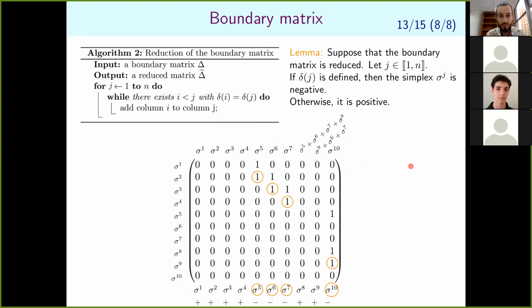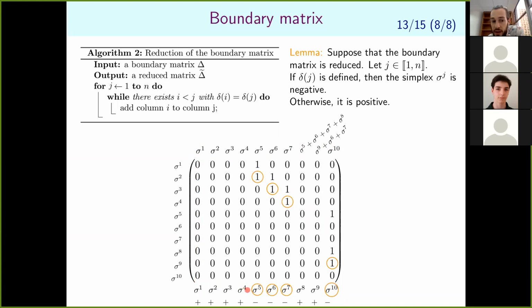And now, something very nice happened. You can read from this matrix which simplices are positive and which simplices are negative. And to see that, take any simplex here. If your simplex has a zero column, then it is positive.